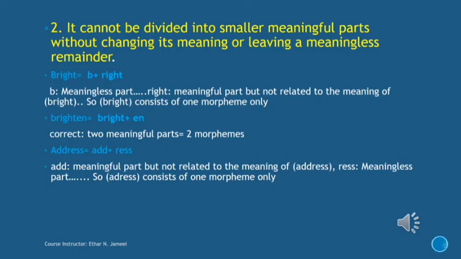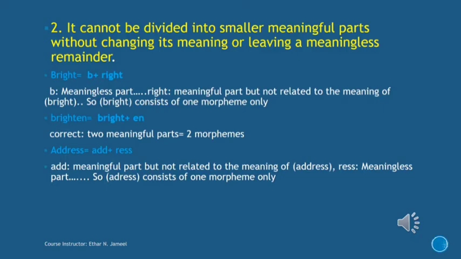So notice that in dividing the word address into add and res, first of all, we have a meaningless part, that is res. And second of all, we have the part that is meaningful, which is add. But its meaning is not related to the meaning of address. And this leads us to think about address as one morpheme.